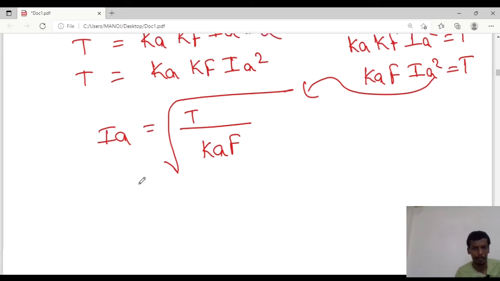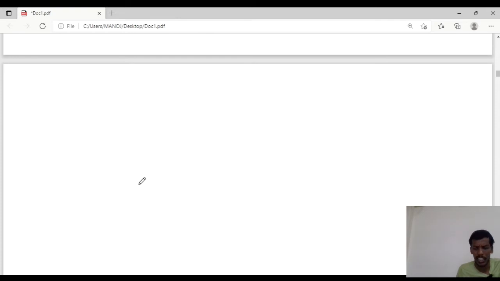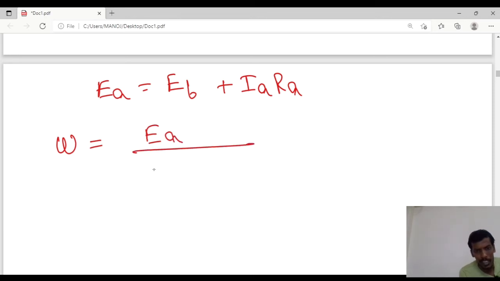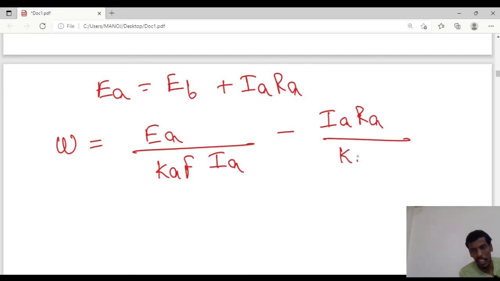So I can substitute here: terminal voltage Ea equals back EMF plus Ia Ra. From this I can write omega equal to Ea by Kaf into Ia minus Ia Ra by Kaf into Ia.